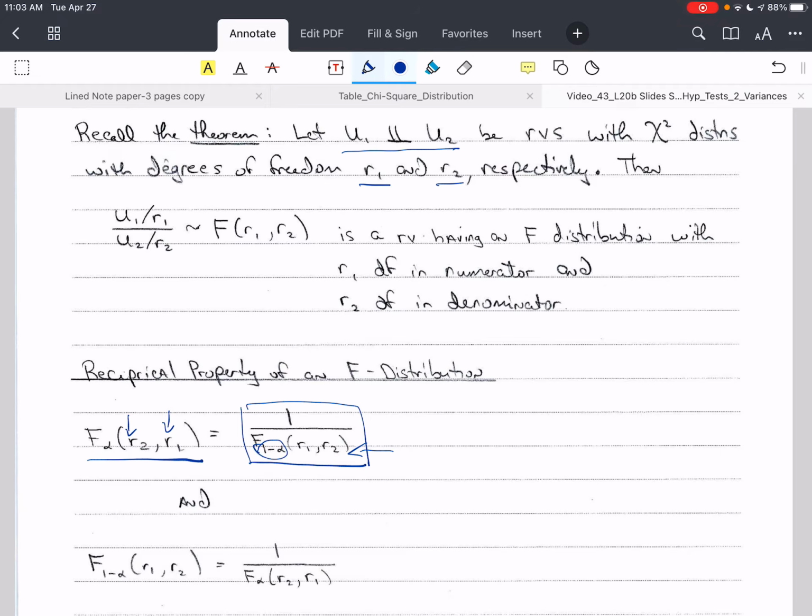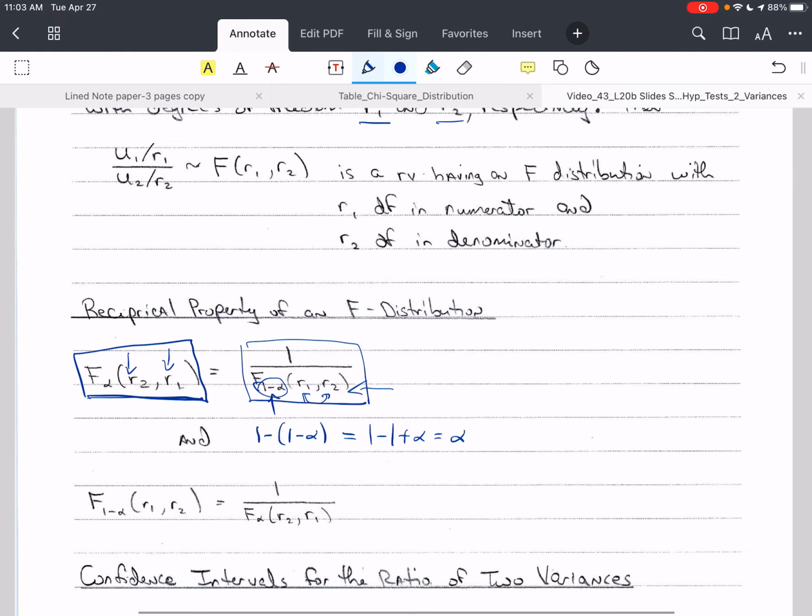So whatever's here, I take 1 minus this. So 1 minus alpha, distribute your negative signs. You get 1 minus 1 plus alpha equals alpha. So I subtract this from 1, and then I flip these two.